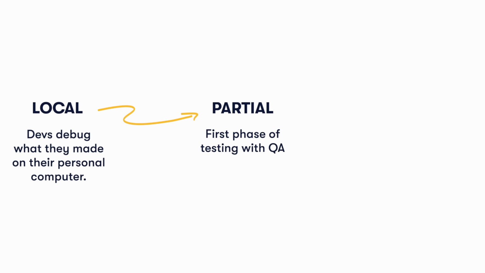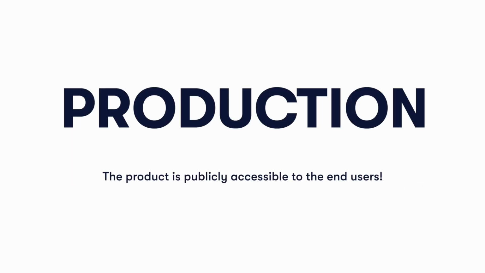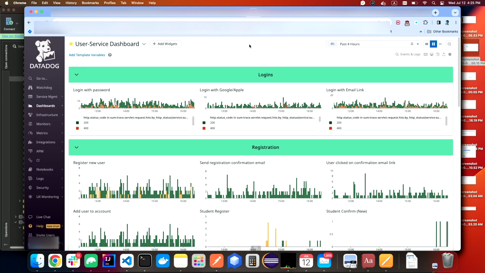And when everything checks out by QA, then we push to staging. Staging is the next phase. Then the same pattern, the same checks we need to do. Then finally we push to production. This dashboard is basically dedicated to the production environment, so we can see the live traffic, how it's going. Got it.